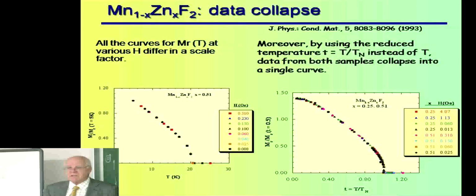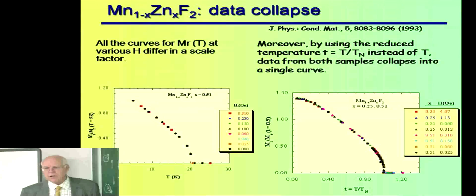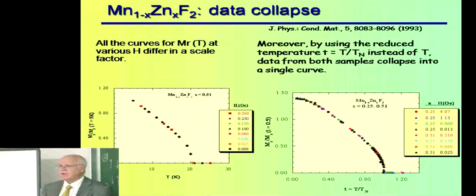And the next question is, is it different or not? Can we collapse both data sets into one unique set of data? Because if we substitute many atoms of manganese, the ordering temperature will decrease. So to do that, we have to normalize the temperature by the ordering temperature.